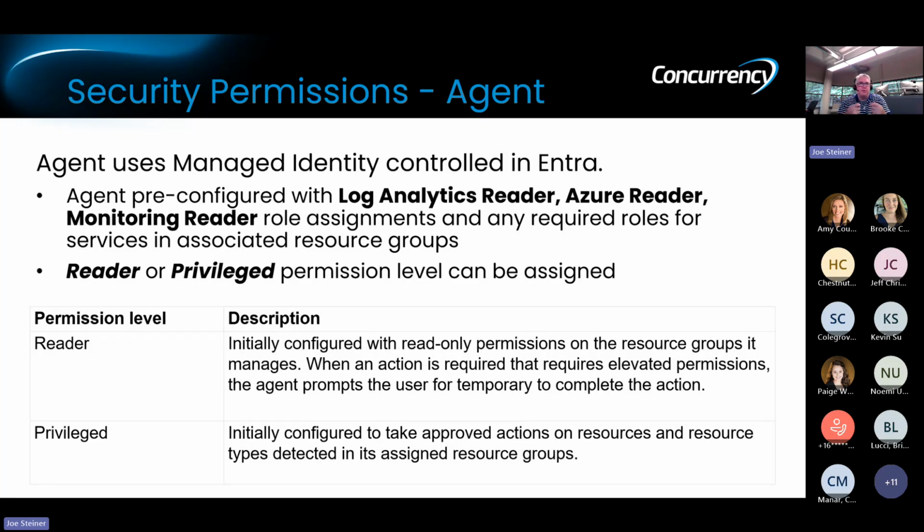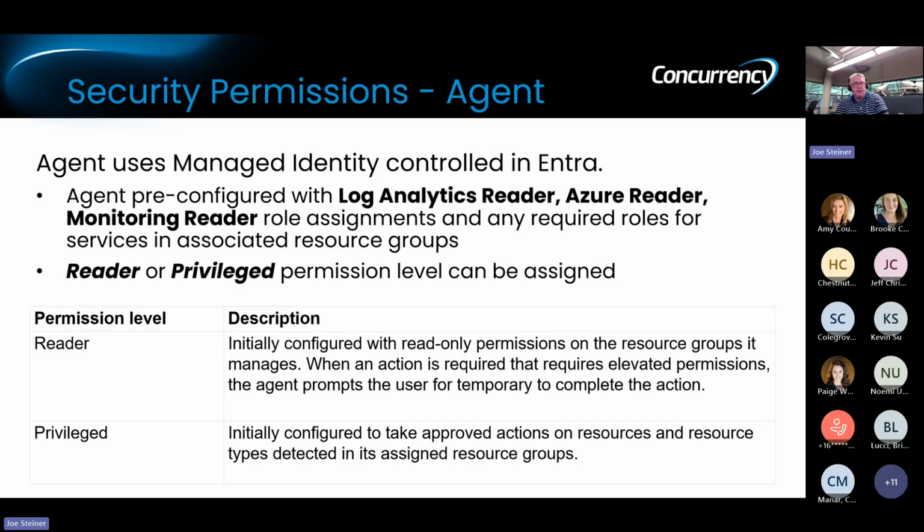By action, we typically mean a write action, any kind of change to the environment. That's going to require elevated permissions. It can prompt for that on a temporary basis to complete the action. So if the app's down, it will tell you why it's down just by reading the information and data sources that it has, but then it may say, here's a recommendation, do you want me to do this on your behalf?